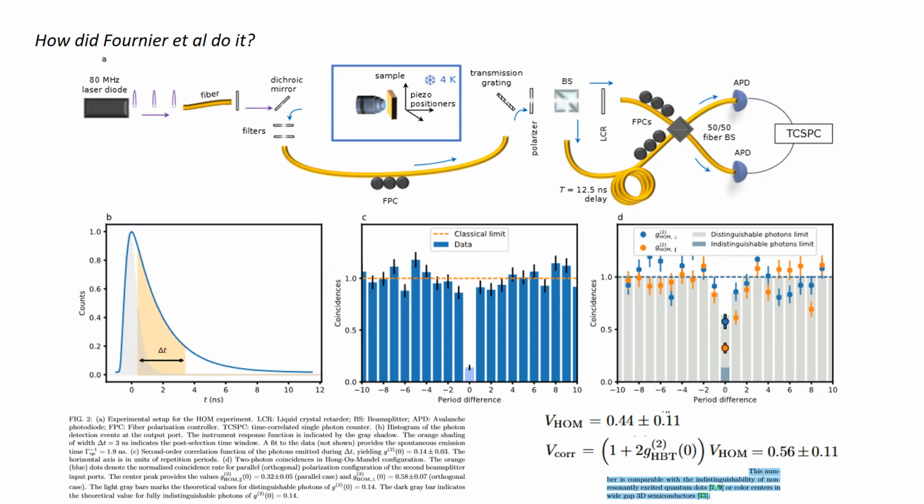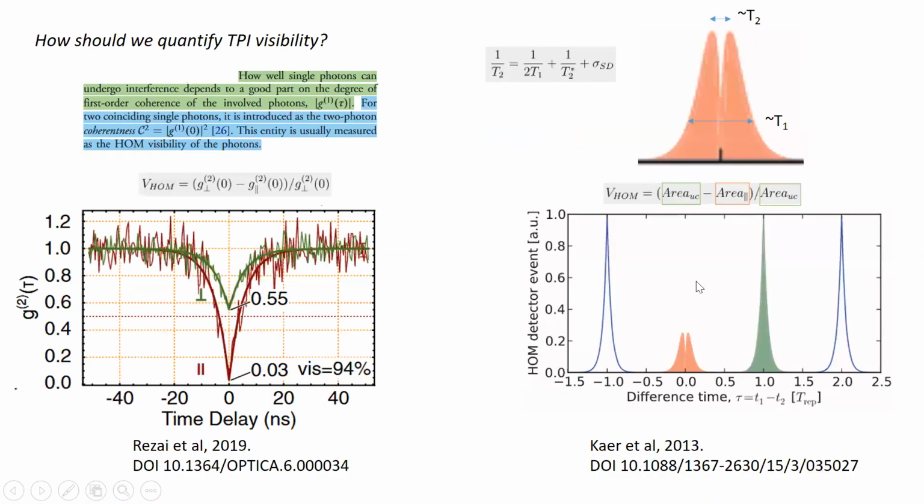Yeah, so the visibility parameter ranges from 0 to 1. If the value at 0 goes to 0 for your parallel polarization setting, just thinking out loud here, it almost doesn't matter what your perpendicular value is, because in this equation this is 0, and then this is the same, so you get visibility 1.